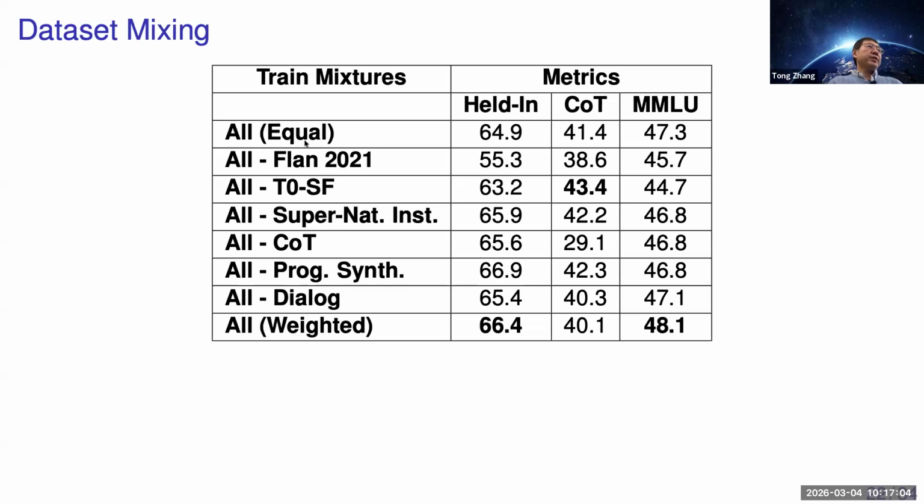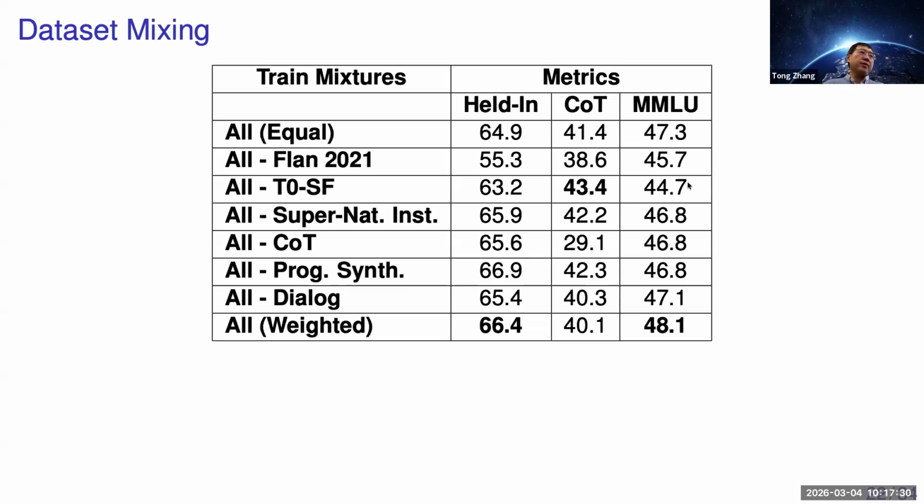So if all are equally weighted, and these are other data, they try to do the instruction tuning. And then you have these, and you say, okay, if I add chain of thoughts, what do I do? Then essentially on the chain of thoughts data, what it performs, and also on the MMLU.